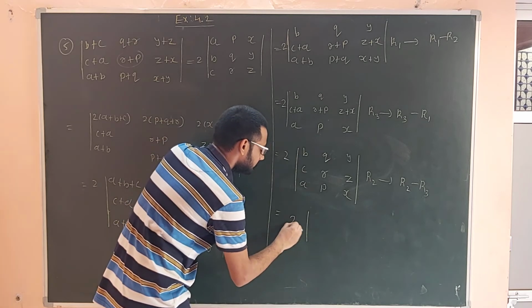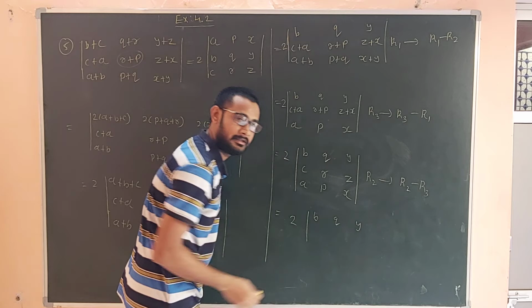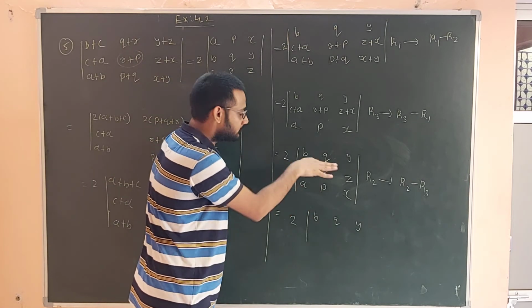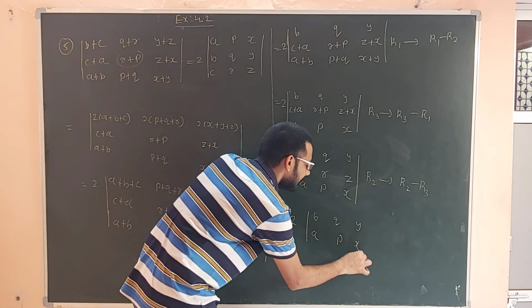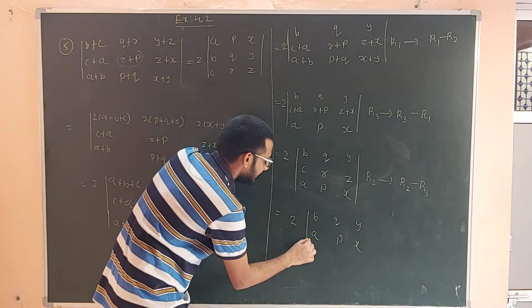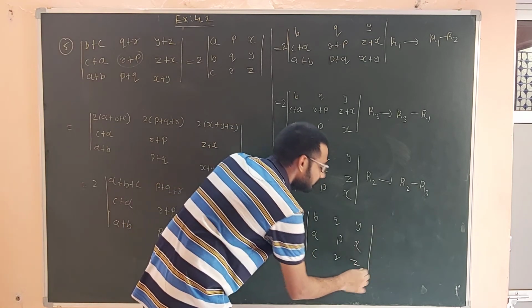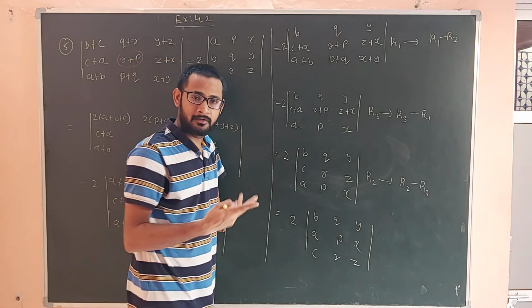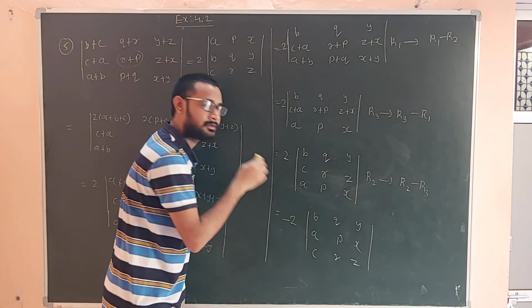So here 2 B, Q and Y as it is. So row 3 means A, P, X goes to row 1. So here A, P, X, okay, and second row goes to here C, R, Z. But we know that if we exchange two rows or two columns, then the determinant will be opposite. So here our determinant is positive, so it becomes negative.